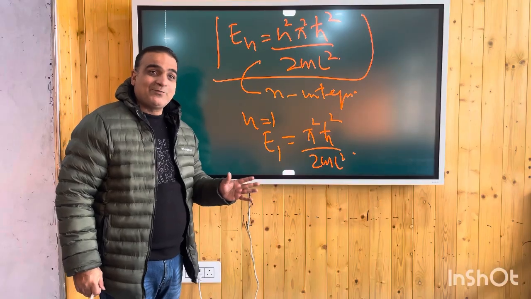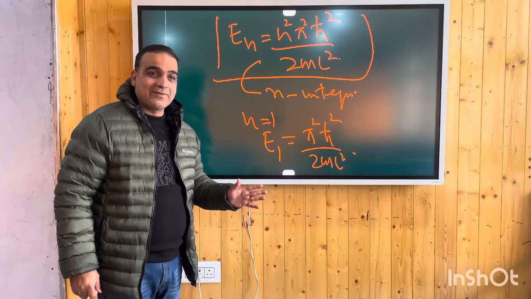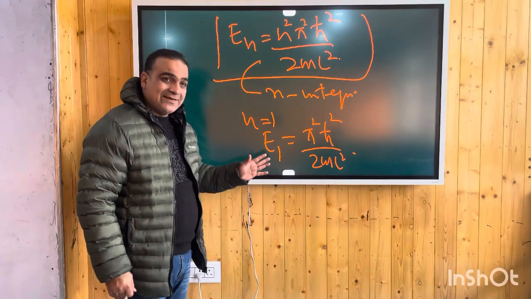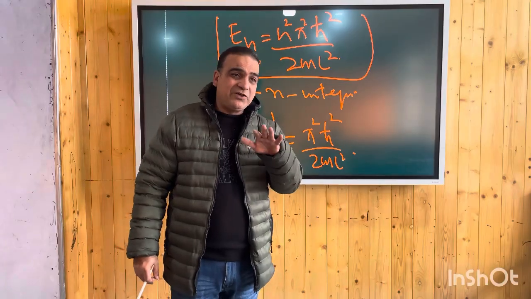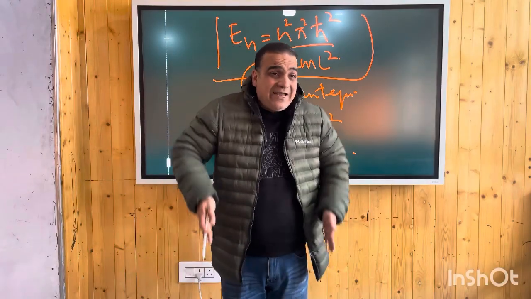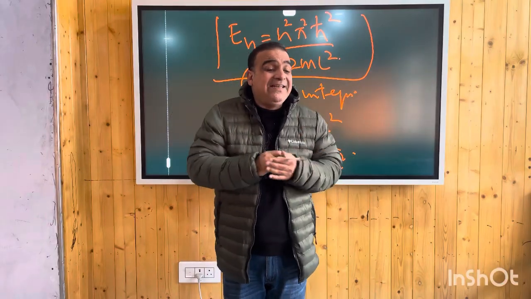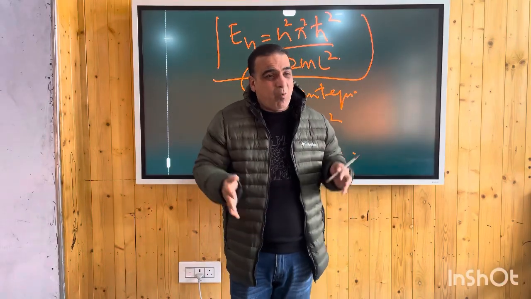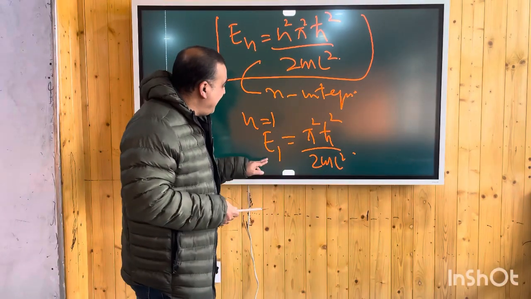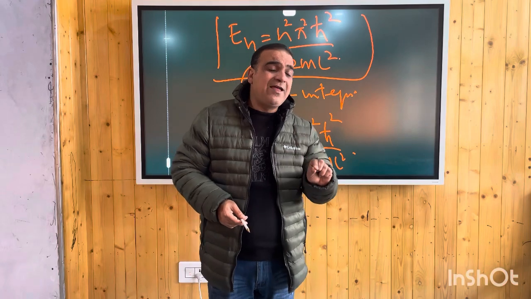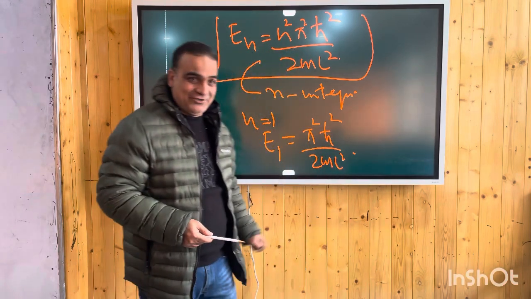And what do we call this lowest possible energy? We call this zero point energy. The particle in this infinite potential well is dictated by these potentials which are infinite. They are dictating the particle how to behave in the system. And this particle will not have zero energy. It will have a zero point energy.